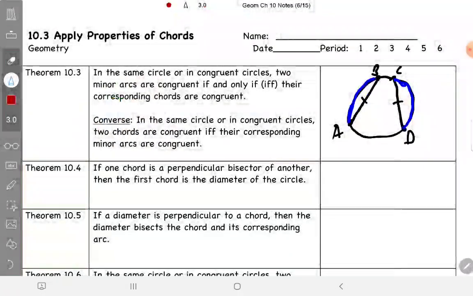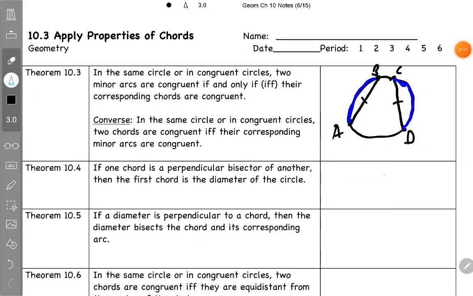Okay, theorem 10.4. If one chord is a perpendicular bisector of another, then the first chord is the diameter of the circle.